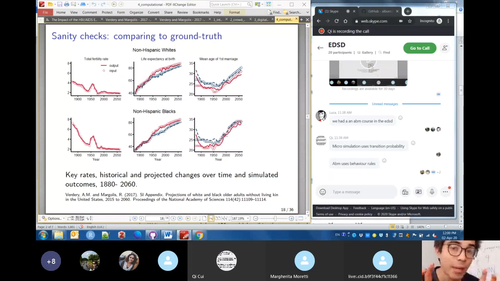But one way of checking that the result of your simulation actually makes sense is to re-estimate those initial rates that you provided to the simulation, not looking at the rates, but only looking at the output population. What you want is for the rates that you estimate from the simulated population to match the ones that you used as input in the model.